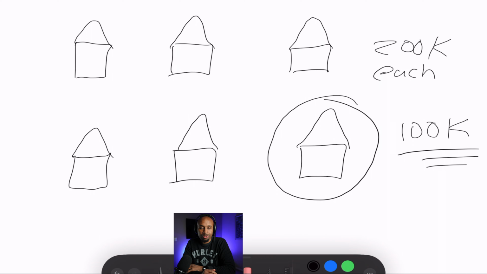Sometimes on the internet, when you look at these other investors, other wholesalers or whatever, they try to tell you that you need to figure out if there's a swimming pool. If your subject property doesn't have a swimming pool and another property that you're comparing it to has a swimming pool, then you have to take off $10,000.